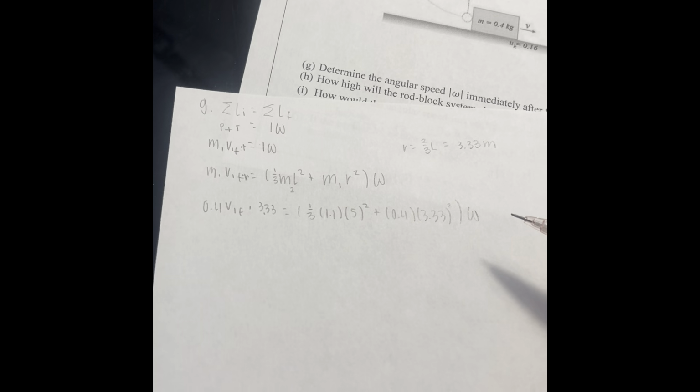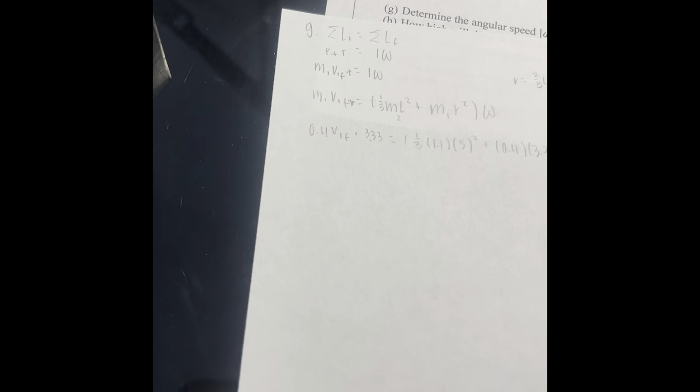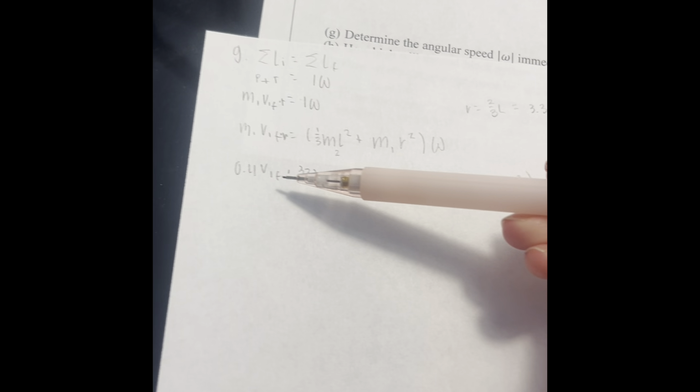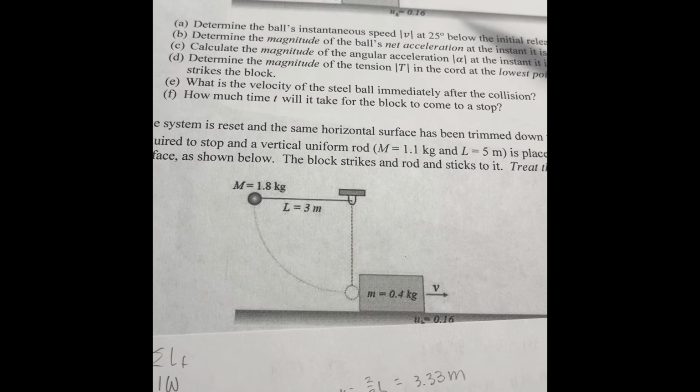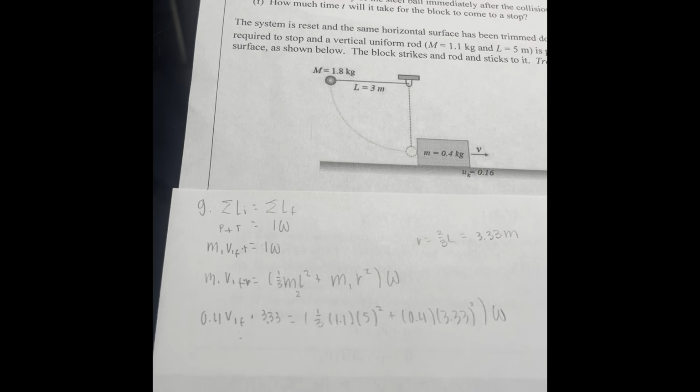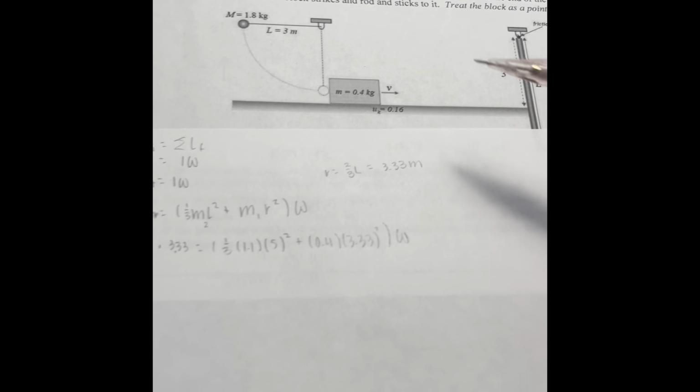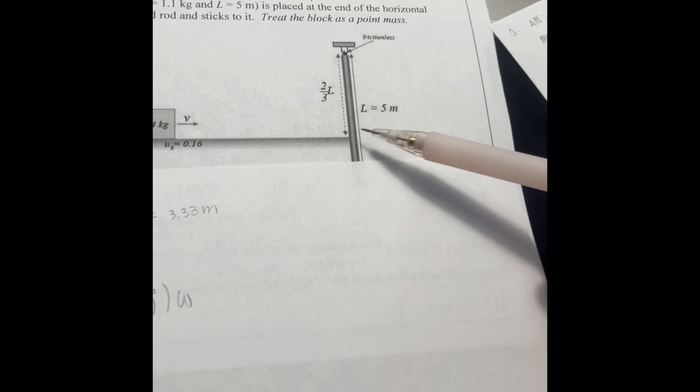Everything else is a known numerical value, but I have v1f as an unknown because the block no longer comes to a stop since it's not traveling the full distance. It's going 3/4 of the original distance, so it'll still have velocity when it strikes the rod. So I'm just going to solve for that now.